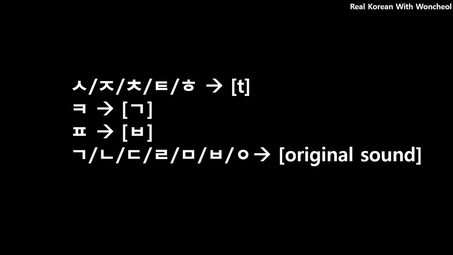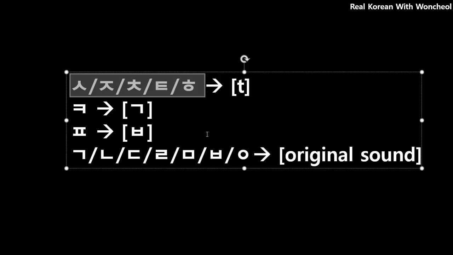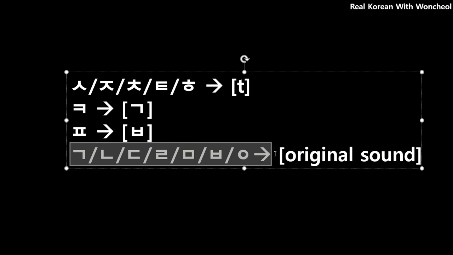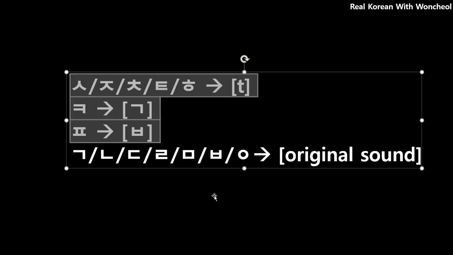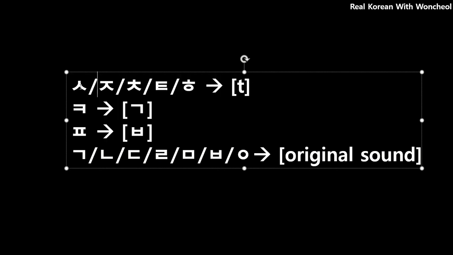And then rule number 2 is this one. So when these are at the bottom as a final consonant, let's start with this one. These as final consonant still have the original sound, but the others have different sounds. So these consonants, T sound, this one 기억, this sound.